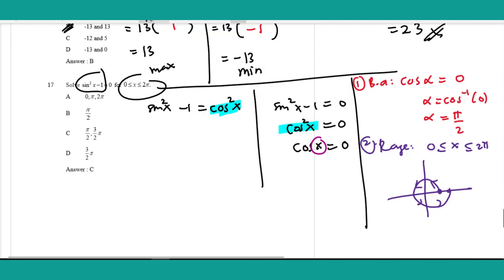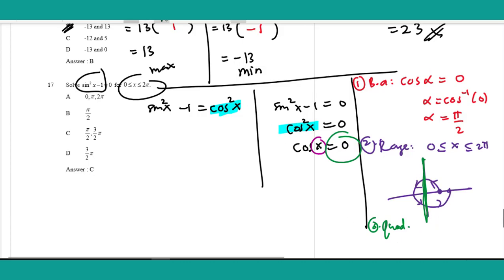Then the third step is quadrant. Cos something is equal to 0 means theta is equal to 90 or 270 in degree. So you know the quadrants are between 1 to 2 and 3 to 4.